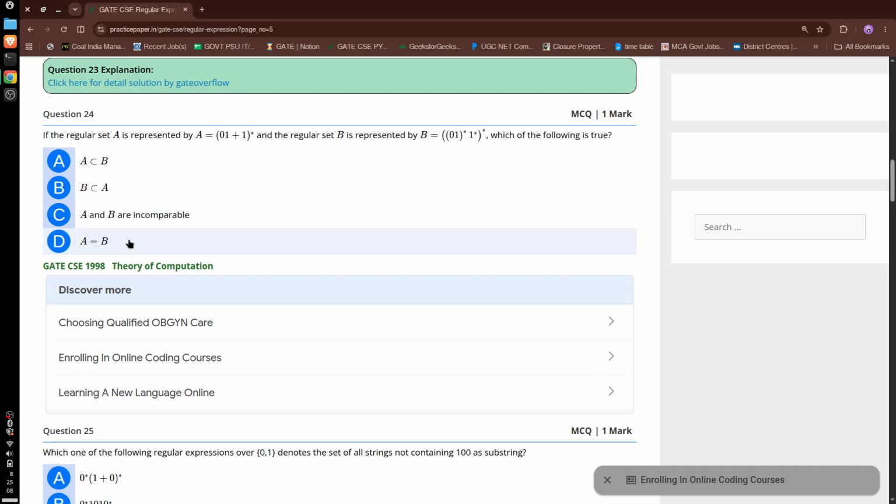Okay, let's go with this. 0 1 plus 1 star and the regular set represented as 0 1 star 1 star. Which one of the following is true? Yes, we can have this or this, because if we want to pick 01, we can just pick this 01 and make this 10. If we want to make this 0, we can pick this one and make this 0.